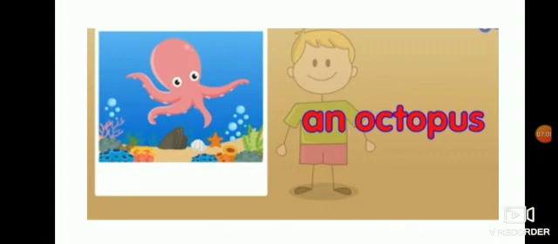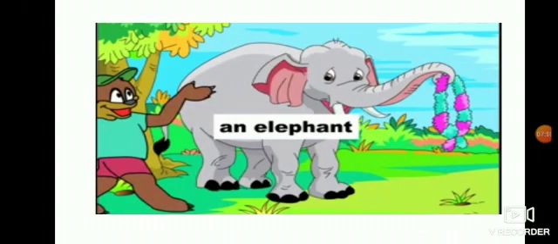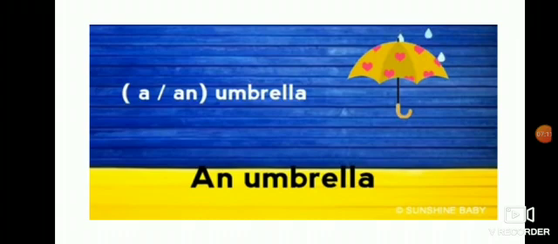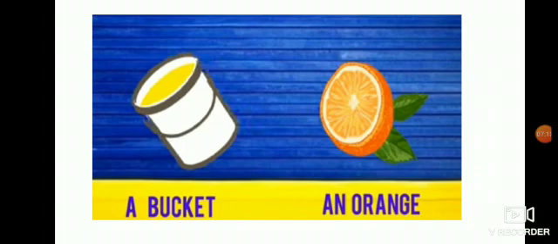An octopus, an elephant. A or an umbrella? Yeah, an umbrella. See, bucket, orange. B is a consonant sound, so we use a. O is a vowel sound, so we use an. So, a bucket, an orange.